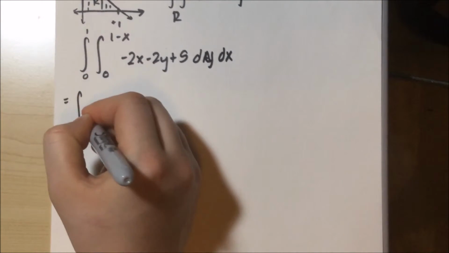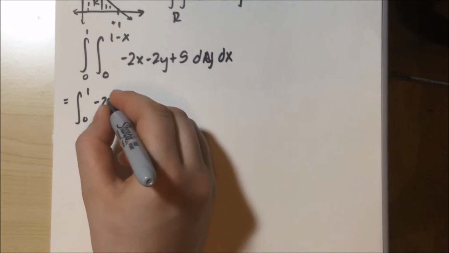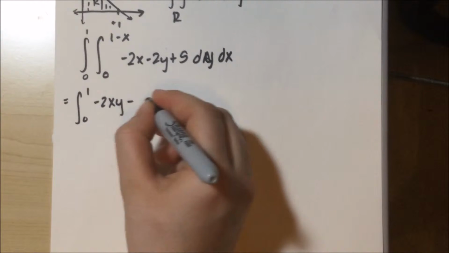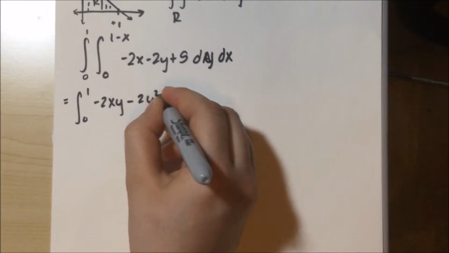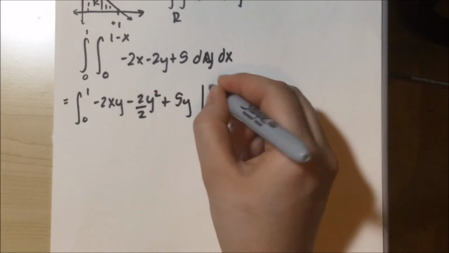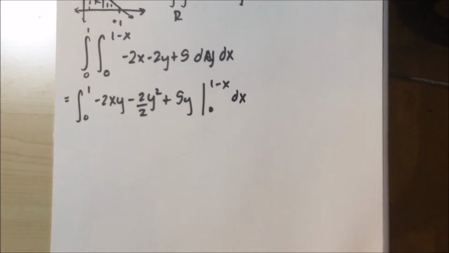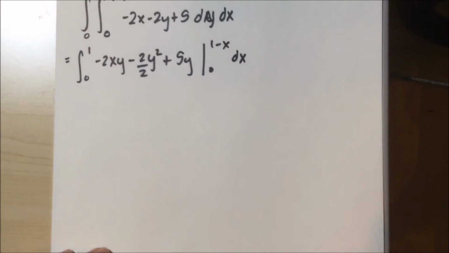So now I can integrate this. I have the integral from 0 to 1 of, integrating in terms of y, negative 2xy minus 2y squared over 2 plus 5y, from 0 to 1 minus x, dx. Okay, now I have to plug in all these values.